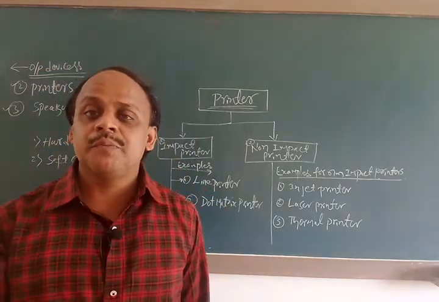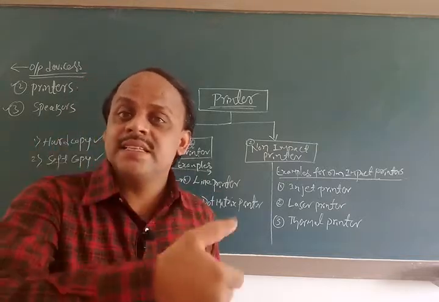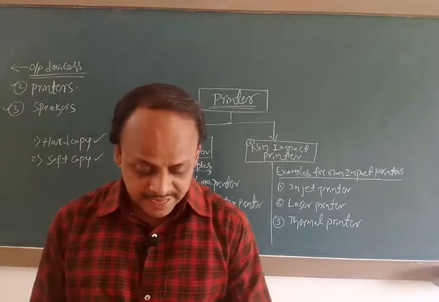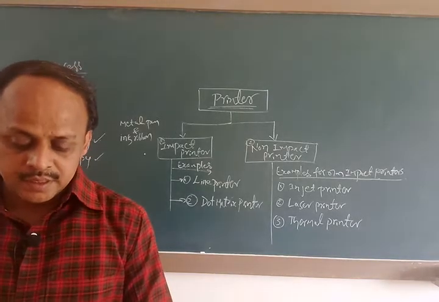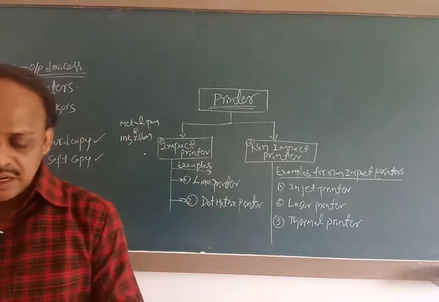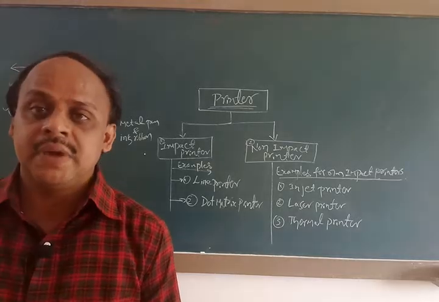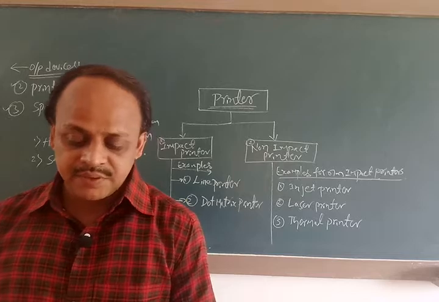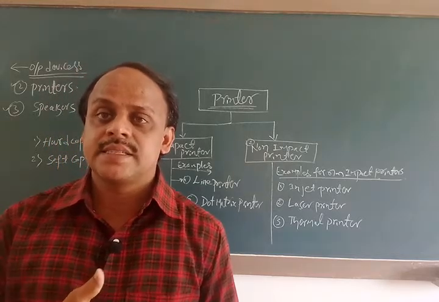What are the characteristics? That is, how can we say it is an impact printer? Now we have to observe these characteristics. First one: in impact printers there is a physical contact with the paper to produce an image or text.